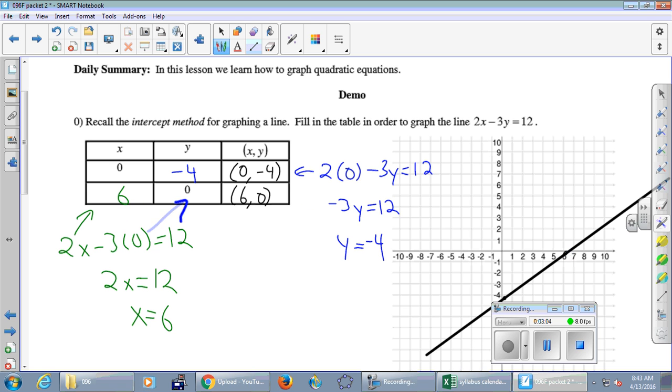And how do you find the y-intercept? You let x equal 0. And so the key is that the way to find intercepts for lines is the way to find intercepts for anything. And today we're going to graph for the first time curvy things. They'll be called parabolas. But to find an x-intercept, you always let y equal 0. And to find a y-intercept, you always let x equal 0. So that part is consistent from what we've seen earlier.